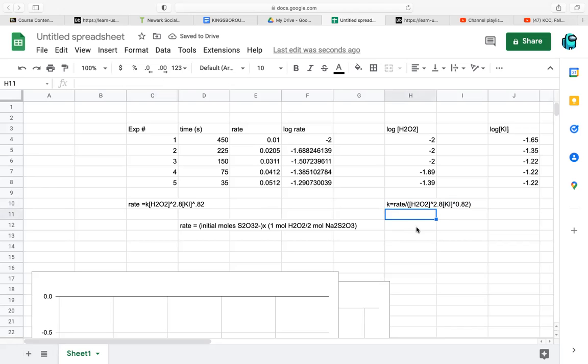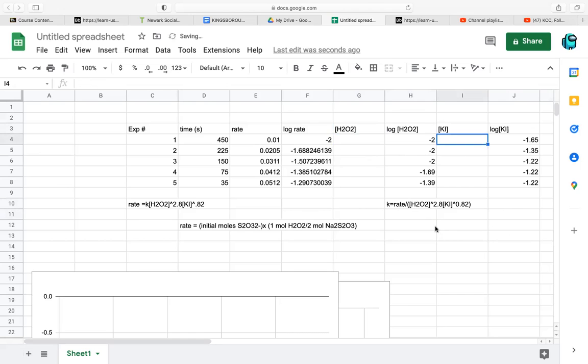So, what you want to have is okay, well, you got rate right there. You've got, I didn't show them here, but you've got H2O2, right? You'll have that. And you'll have Ki.